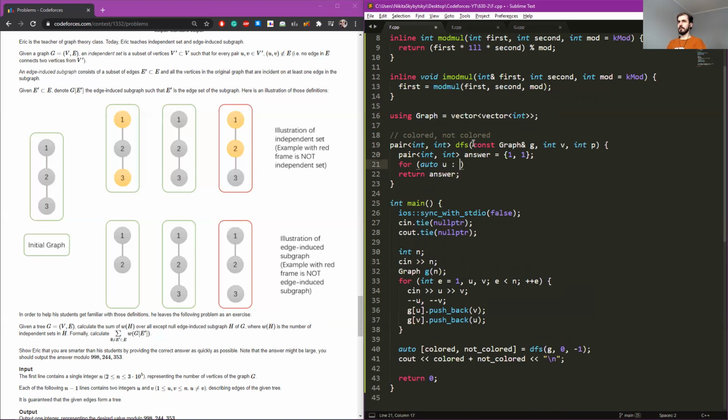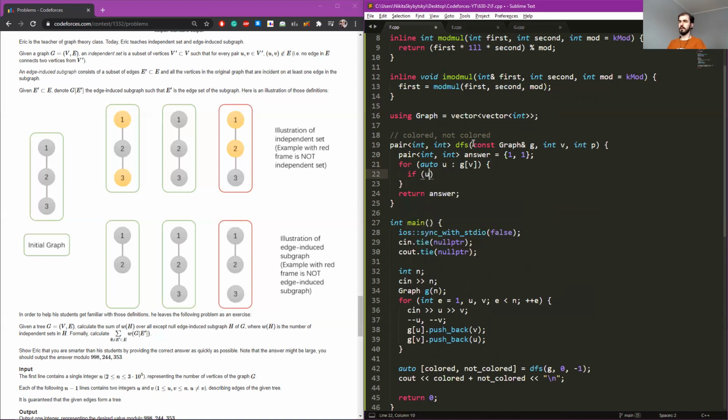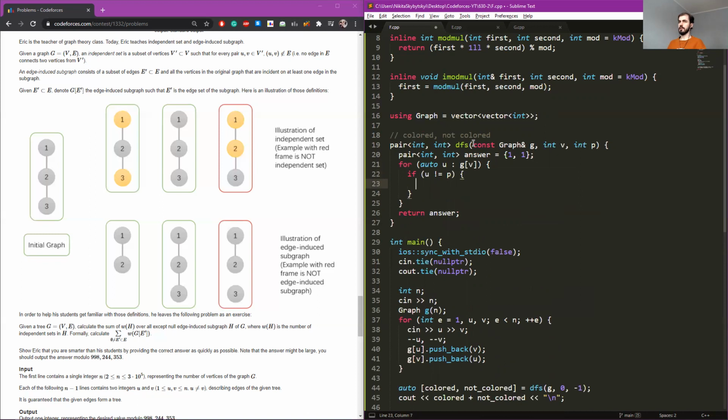For consecutive vertices in G of v, if it's not the parent, we're actually interested in doing sums.